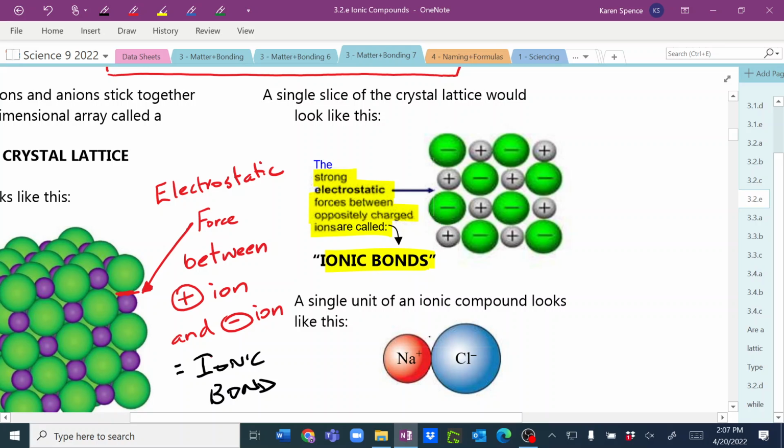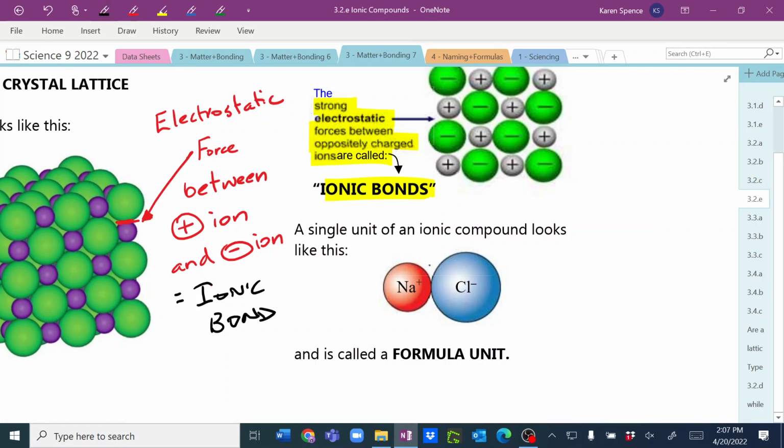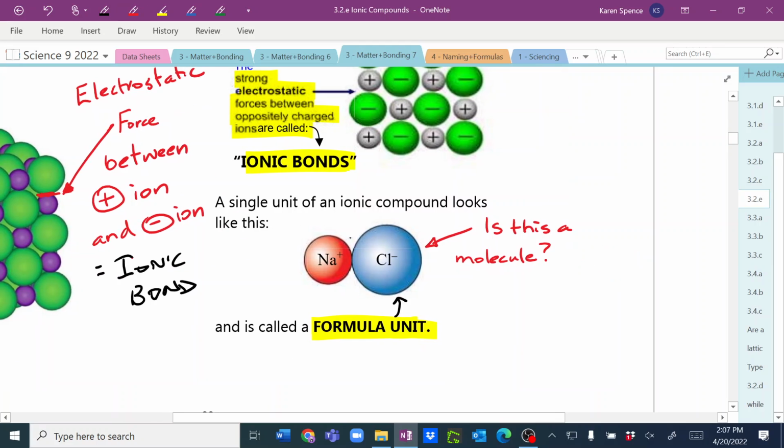That is called a formula unit. Is it a molecule? What do you think?